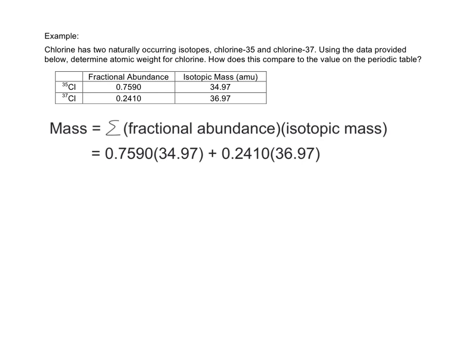And then this sum means that we're going to add each of those quantities together. So it'll be plus the same thing for the chlorine 37 isotope. So for that one, it's 0.2410 times 36.97. And if we multiply all that out and add it together, we end up with 35.45, which is the same as the mass that you'll find on your periodic table.